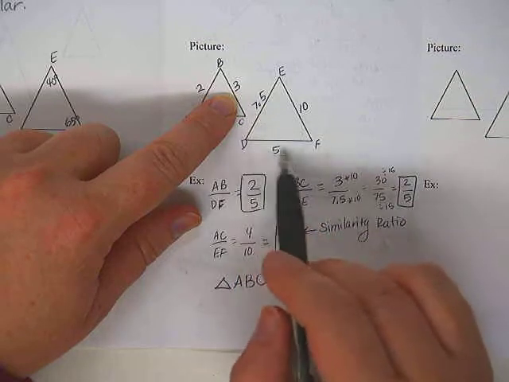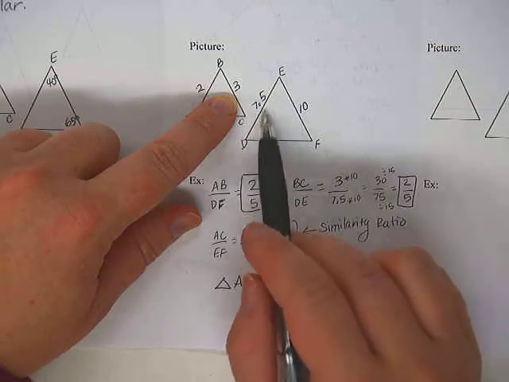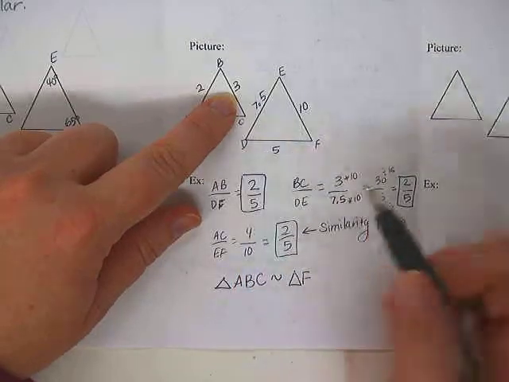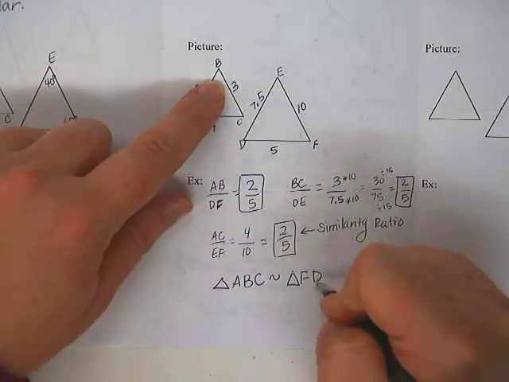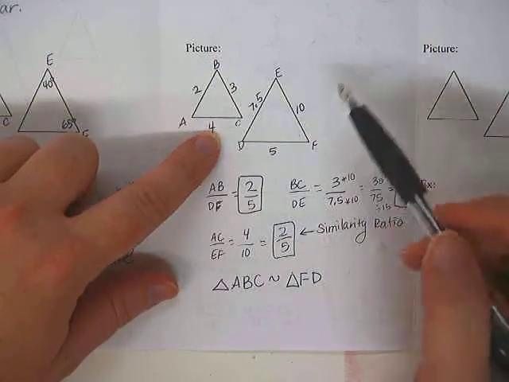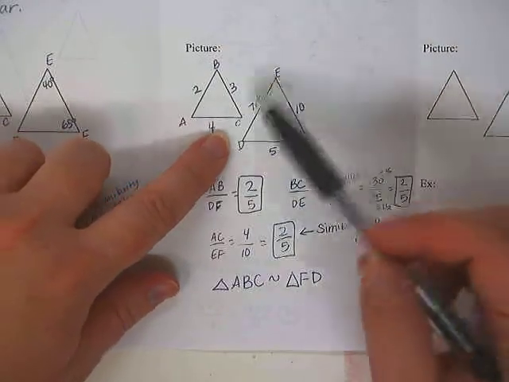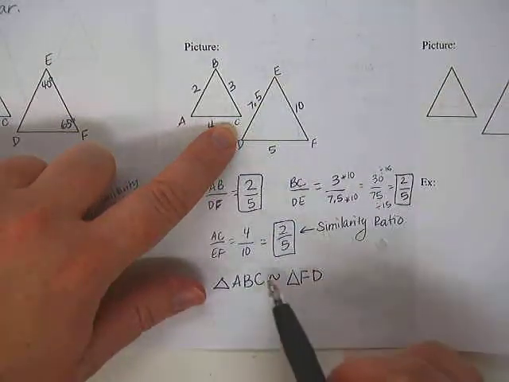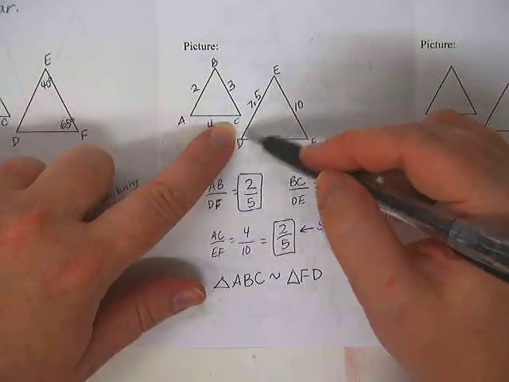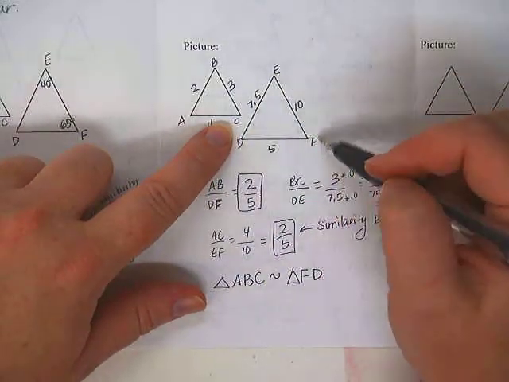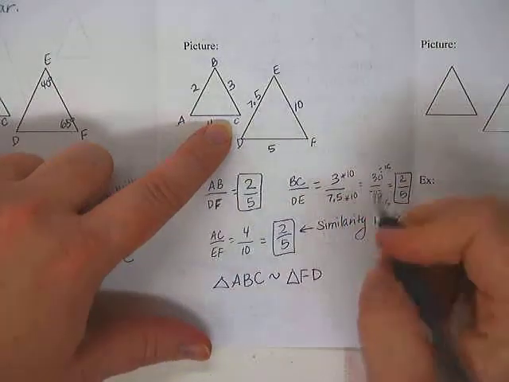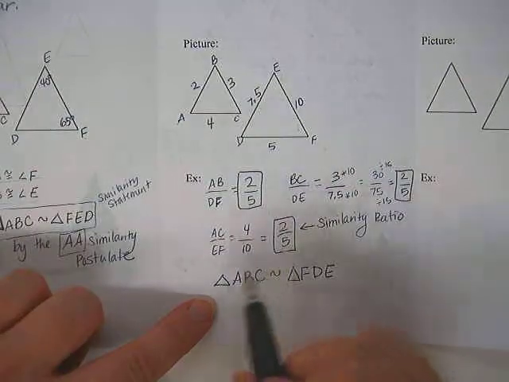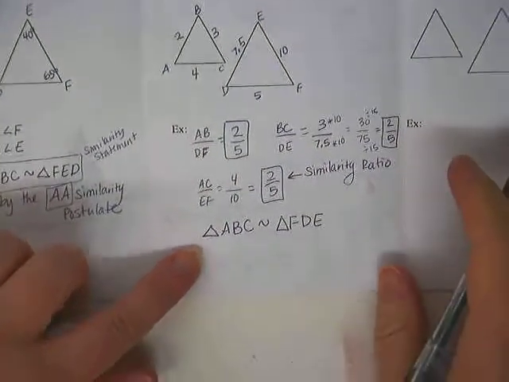Does that make sense? B is between the shortest and the middle. Which one over here is between the shortest and the middle? D. So D matches up with B. And then the angle that's between the longest and the middle is C. So between the longest and the middle is what leftover letter here?